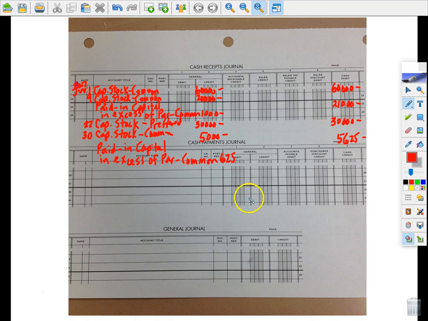Thank you. And this is page 6 of the journal, which I forgot to write in. All right. So basically that's the 4 journal entries that you need to know for 18.3. So we're going to do the on your own problem and the application problem.